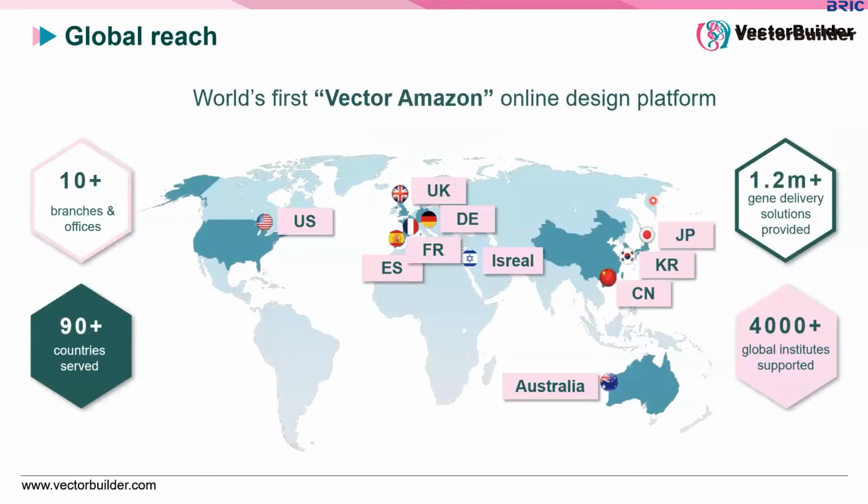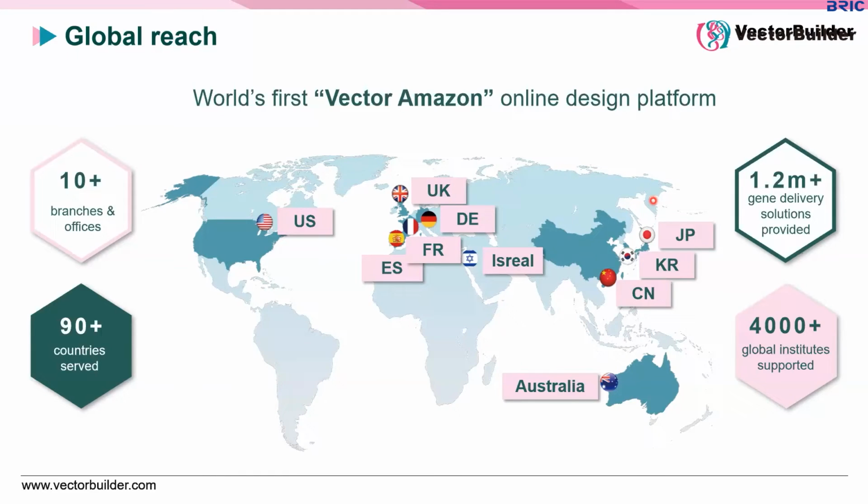Talking about our global reach, thanks to our world's first online vector design platform, Vector Amazon, we have expanded our business all over the world to more than 10 branches and offices. We serve over 90 countries already, supporting more than 4,000 global institutes.